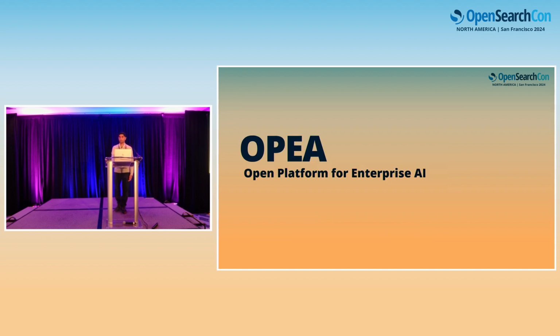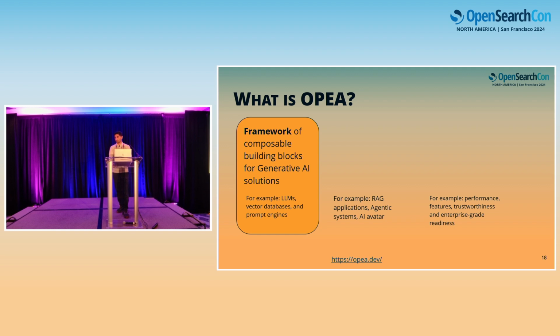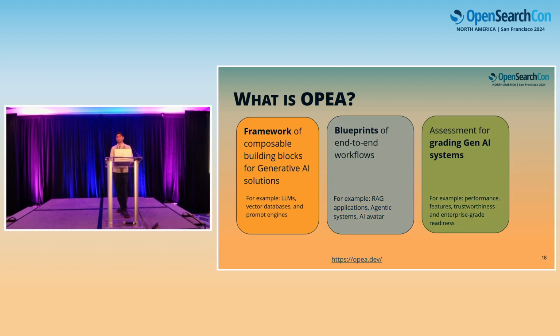Next, I will just take a slight pivot to OPEA, which is an open platform for enterprise AI. This is about partnerships, essentially, like what Intel has been doing here. So what is OPEA? If we break down OPEA in terms of a framework for building Gen AI solutions, there are lots of building blocks used in such a framework.